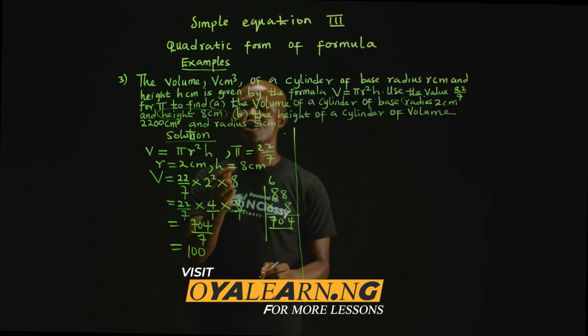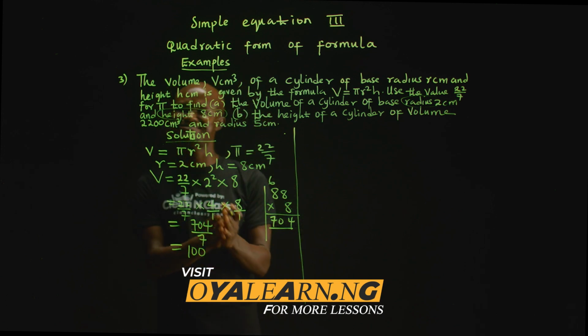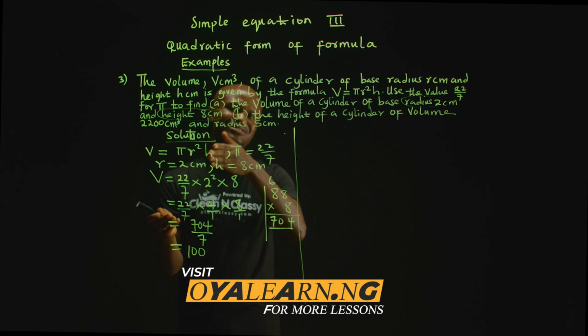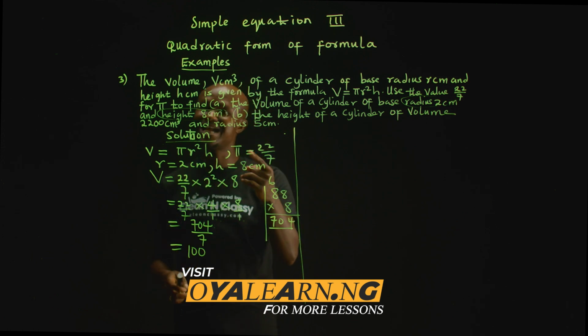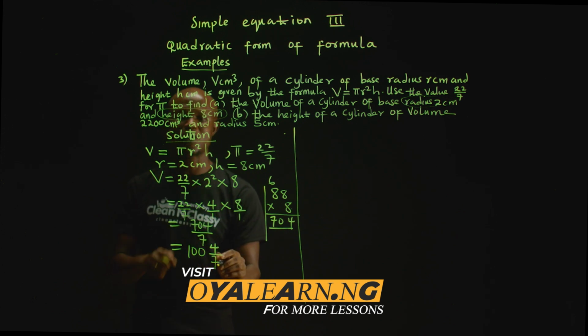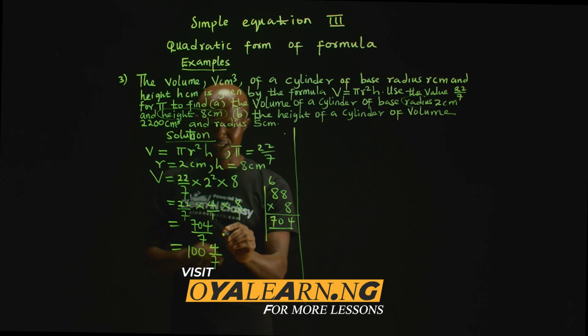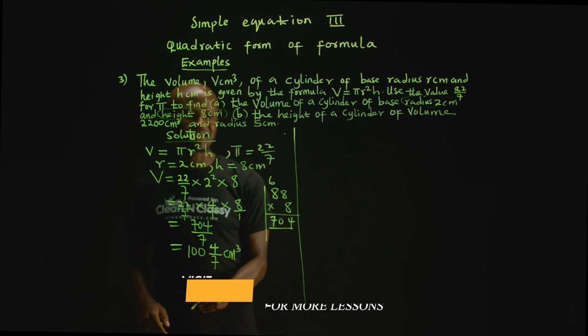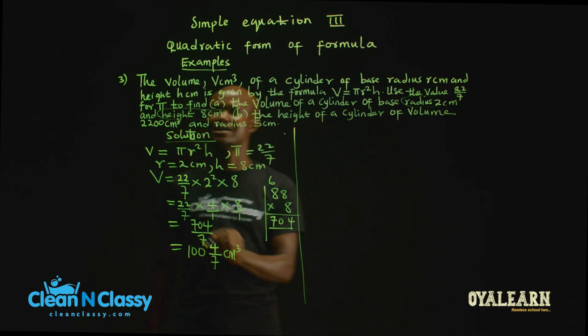It's going to be 4, because 100 times 7 gives 700, and taking 700 away from 704, the remainder is 4. So we have 100 whole number, 4 over 7. And what will be the unit? This is volume, so that's centimeter cube. That's the solution to the first part of the problem.